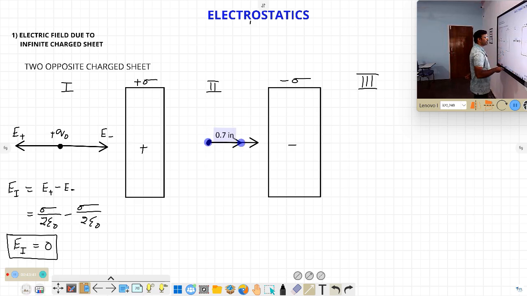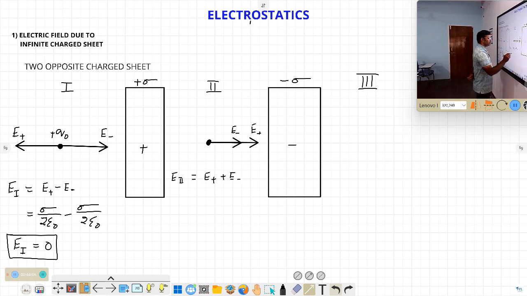Both will be in the same direction. Yes or no? Both will be in the same direction. That means E1 and E2, the plus charge and minus charge fields, both will be in the same direction. So what is the electric field intensity in the second region? That is equal to E plus plus E minus.